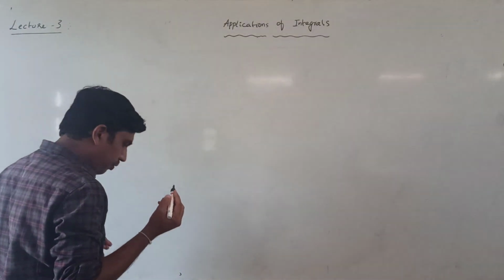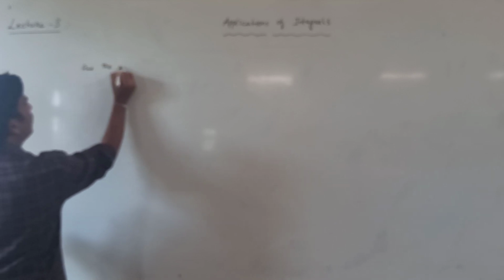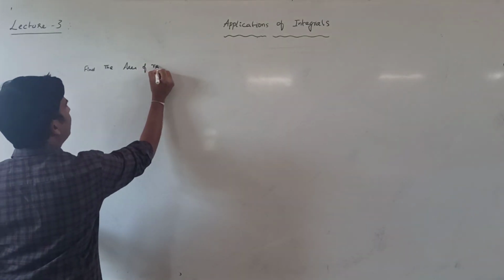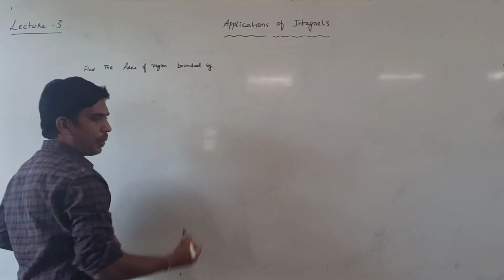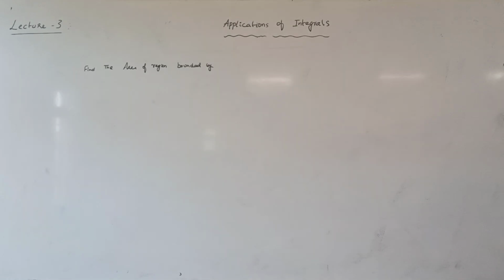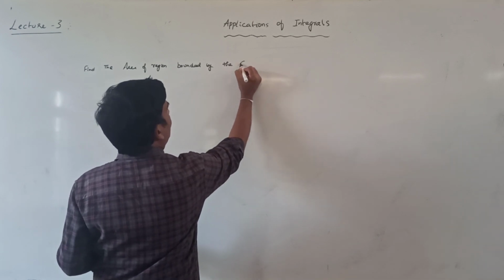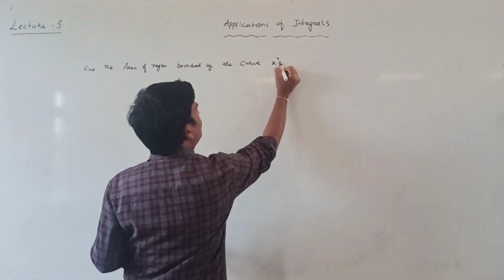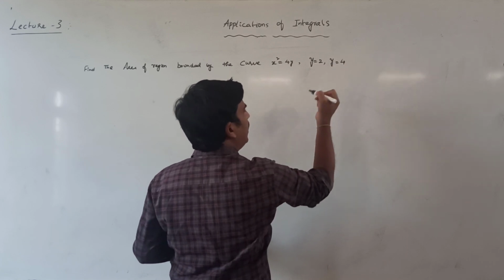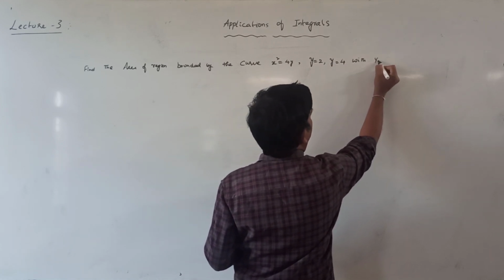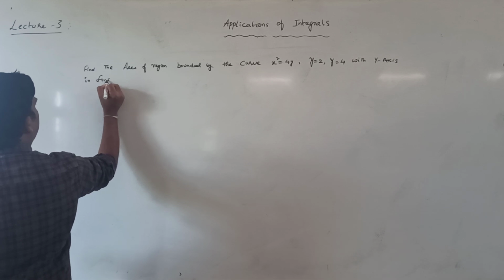Next, one more question. Find the area of region bounded by the curve x square is equal to 4y, y is equal to 2, y is equal to 4 with y-axis in first quadrant.